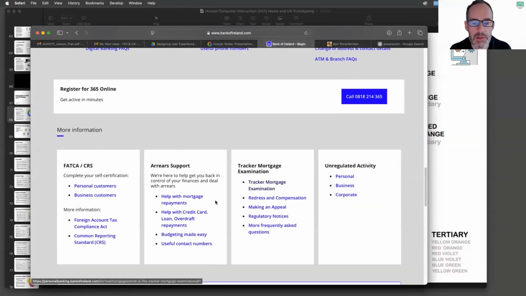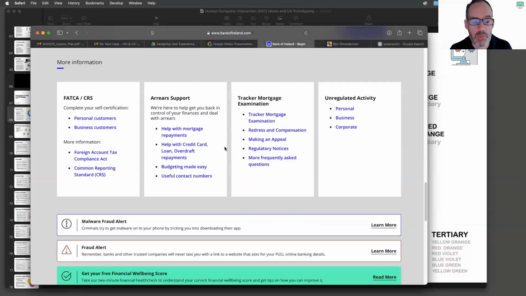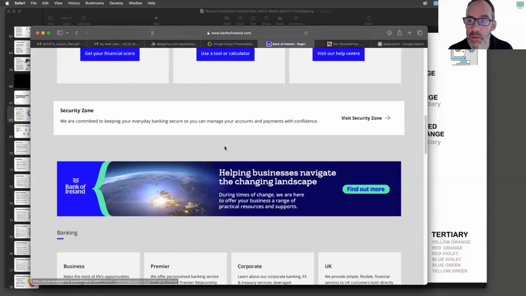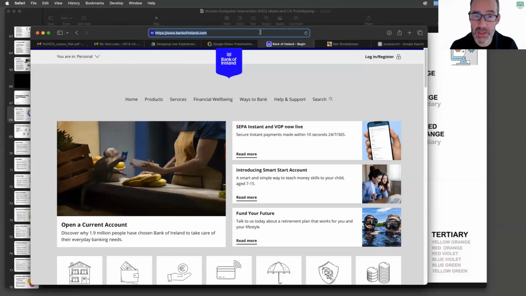So they tend to have these type of colors. A bank probably doesn't have bright colors. Another business might have, but a bank would tend to be more serious and more muted. And you'll even see that in their logos.